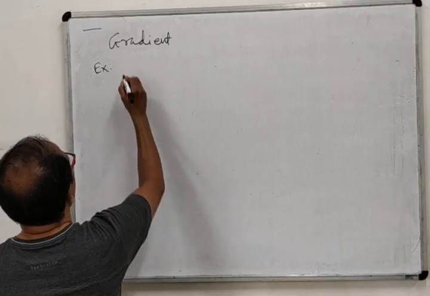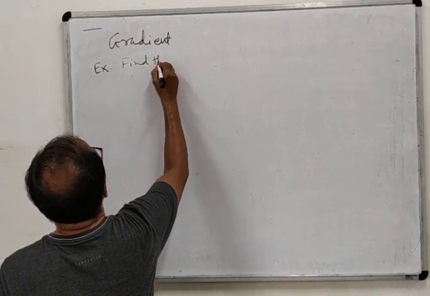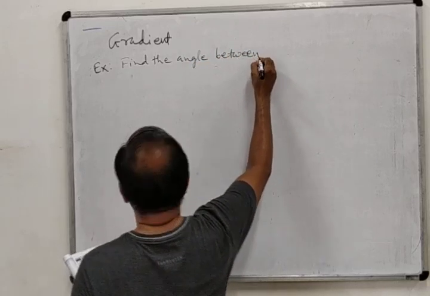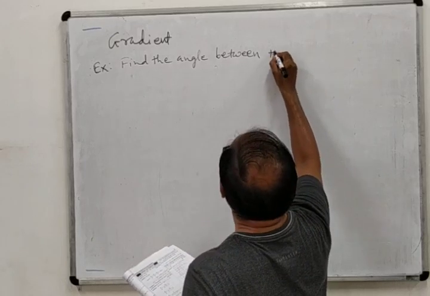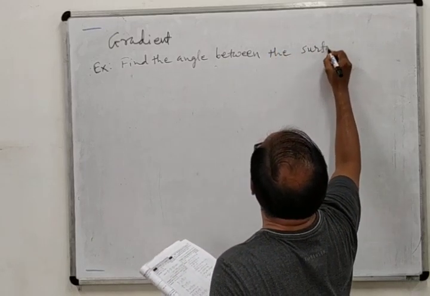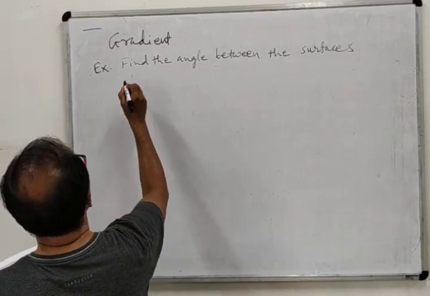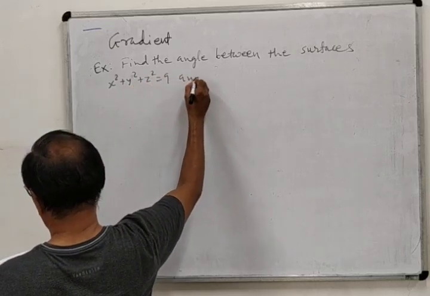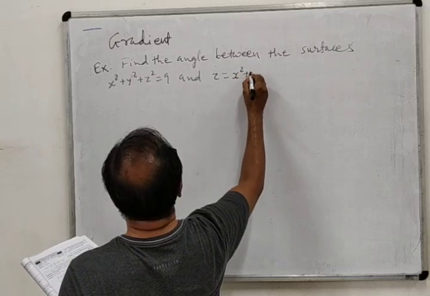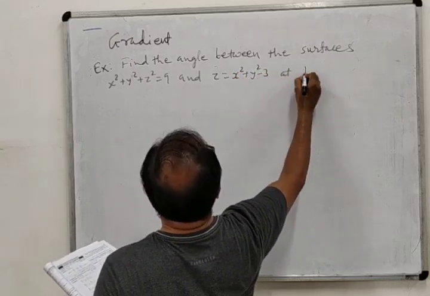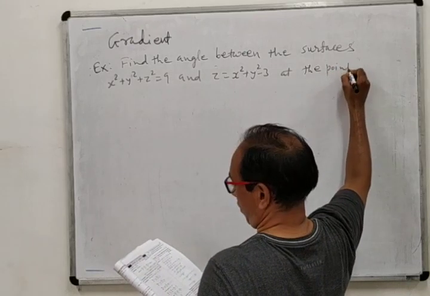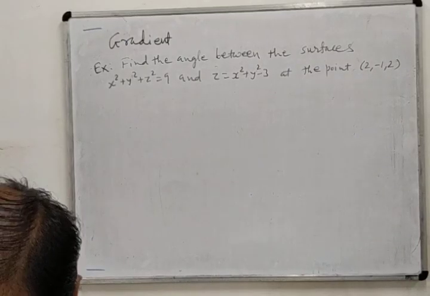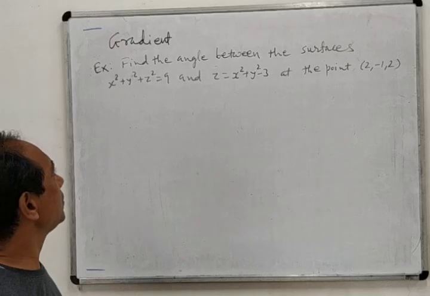Okay, so find the angle between the surfaces x square plus y square plus z square equal to 9 and z equal to x square plus y square minus 3 at the point 2, minus 1, 2. The question is very simple and easy to solve, and it requires some understanding.